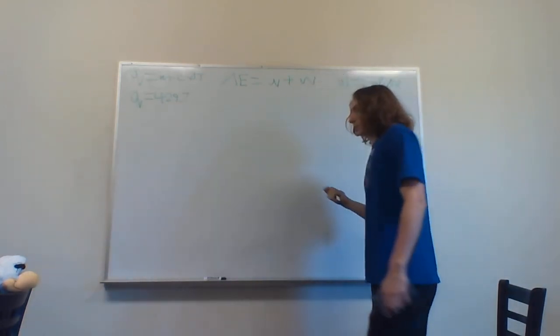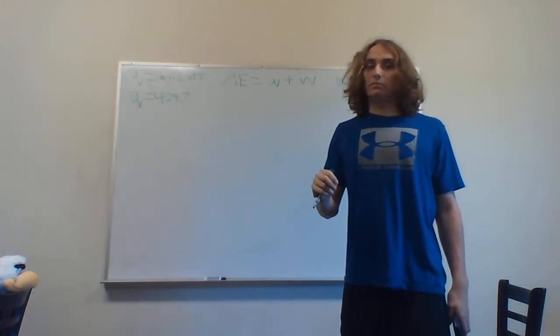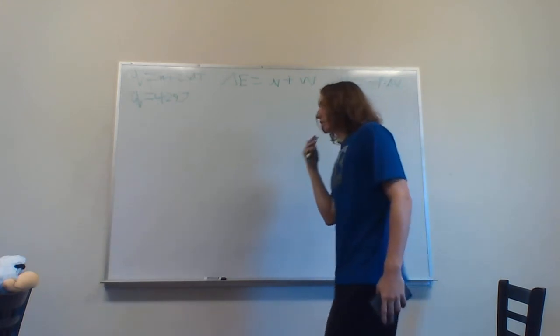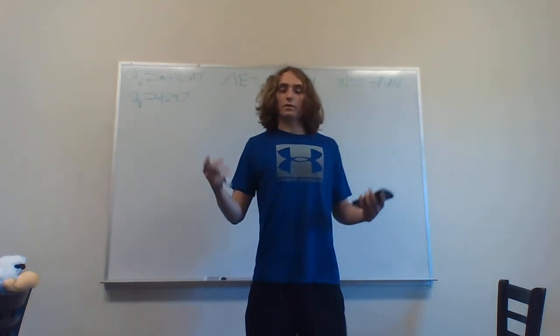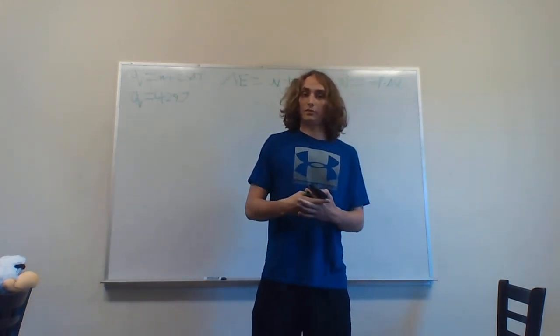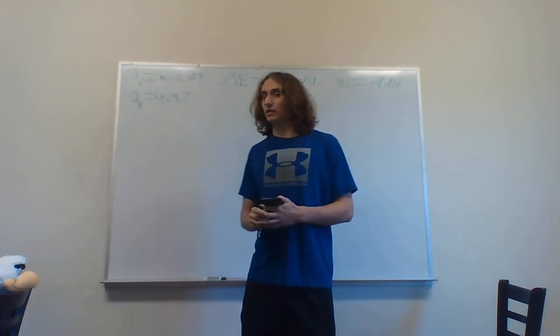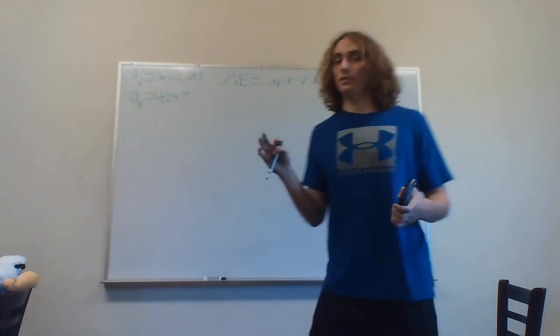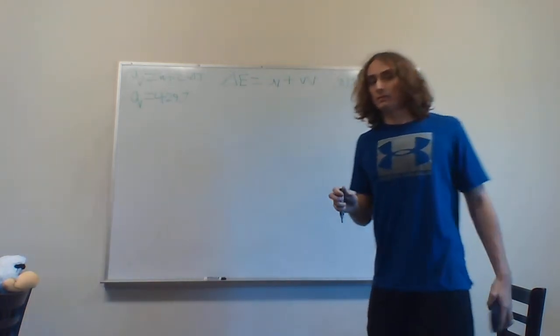So let's analyze that. If work is being done on the system, for example gas is compressed, that would mean that the work done is going to be positive. You'll see why in a second.